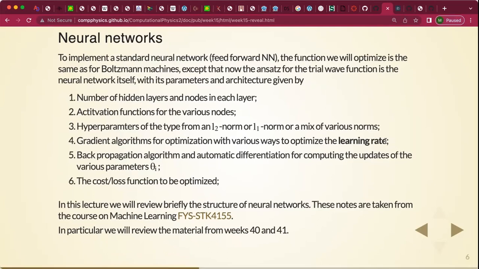And the learning rate is something which in Monte Carlo calculations, instead of using an adaptive momentum method or other ways to learn the learning rate adaptively, is normally replaced by this Fisher information. And then one needs to implement the backpropagation algorithm and automatic differentiation for computing these updates of the various parameters. And then you need to find a cost function or so-called loss function which you want to optimize.